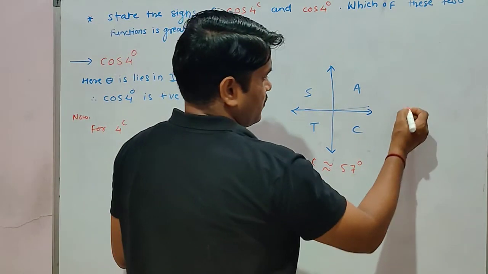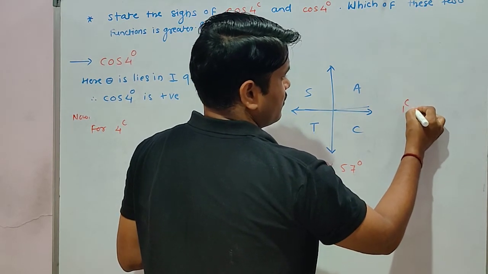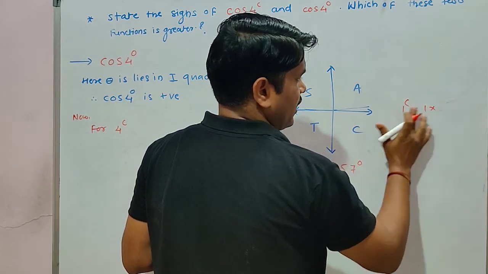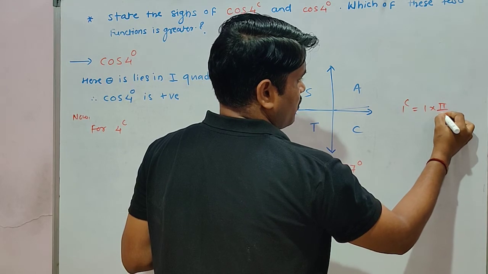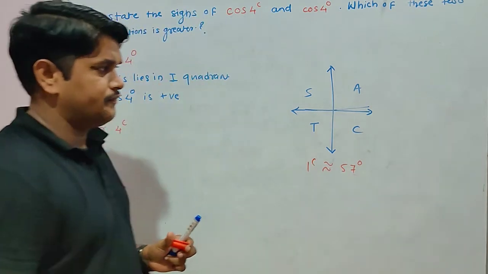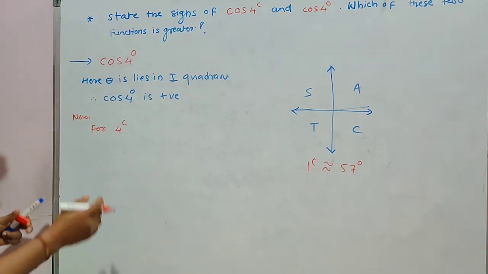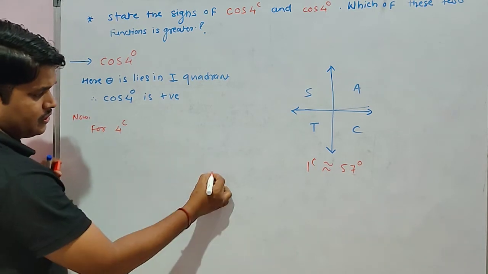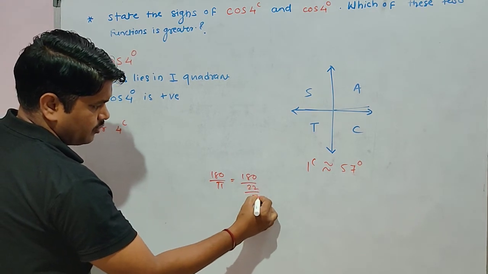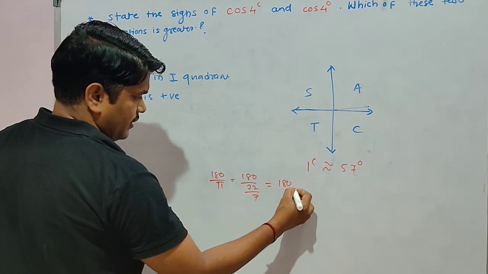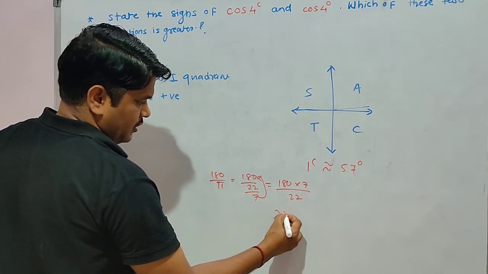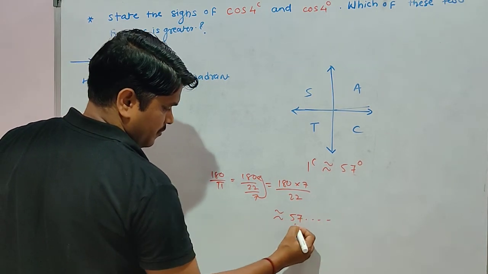To convert radian into degree, we multiply by 180 upon pi. So 180 divided by pi, with pi as 22 divided by 7, is 180 into 7 divided by 22, and if we solve, the value is approximately 57 point something.